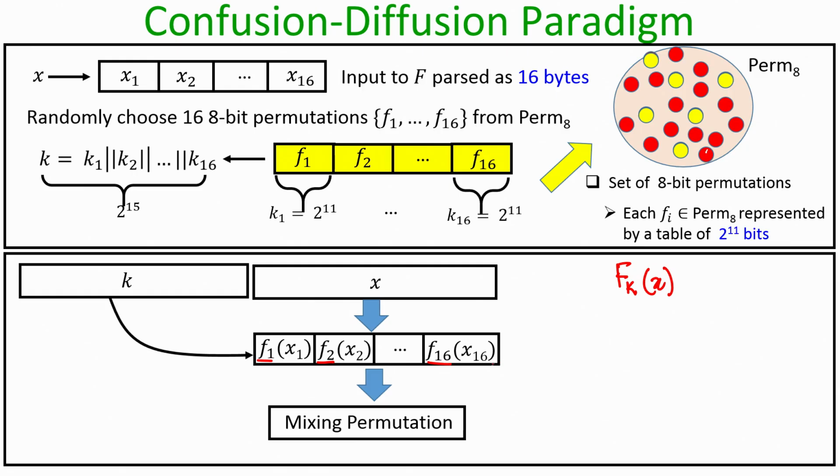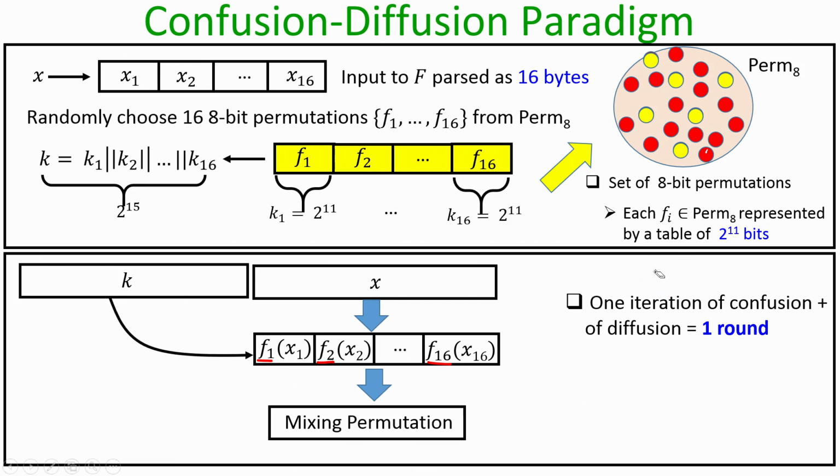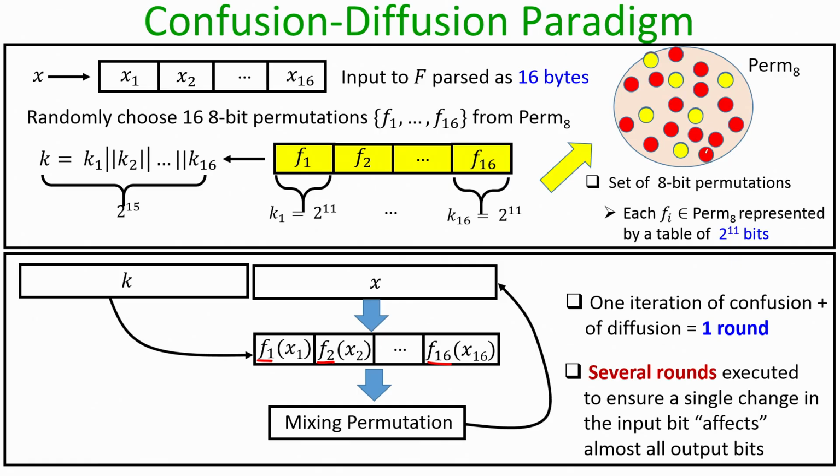After we obtain the outcome of the individual round functions on the respective bytes, we apply a mixing permutation, namely we just shuffle the bits of the intermediate outcome. One iteration of confusion followed by one iteration of this mixing permutation constitutes one round, and then we repeat this process.